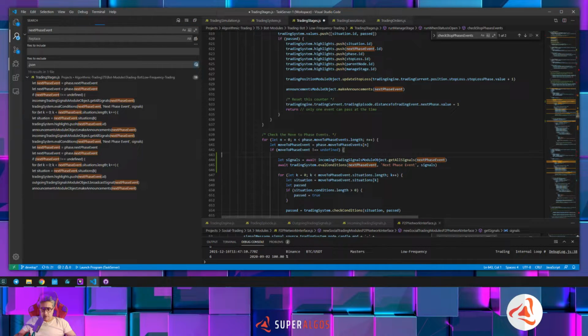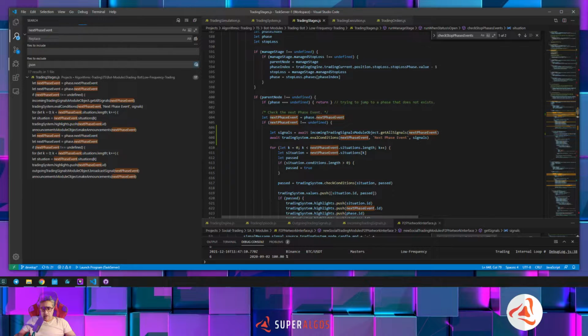Okay, so the evaluation is going to get the signals of this particular node that is a node type of move to phase event.